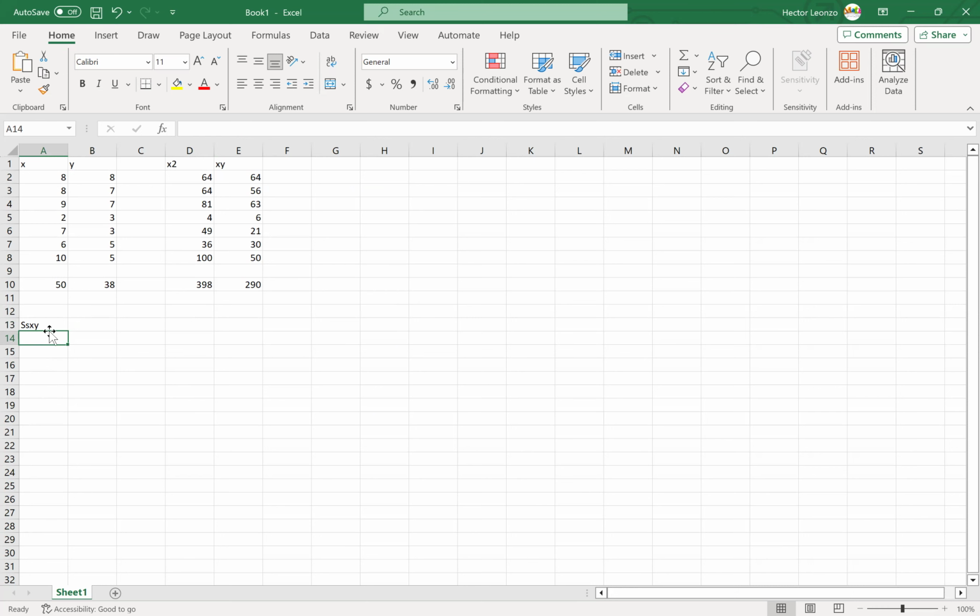In English, when we write a word, we only capitalize the first letter. So let me go back and type it how I want it. SSXY, and I press enter. So basically I told Excel, don't correct it. That's how I want it, SSXY. Then I'm gonna find the sum of the squares of XX. My beta one, let me just write it as B1.